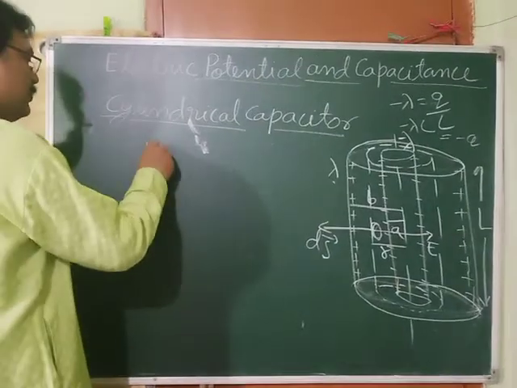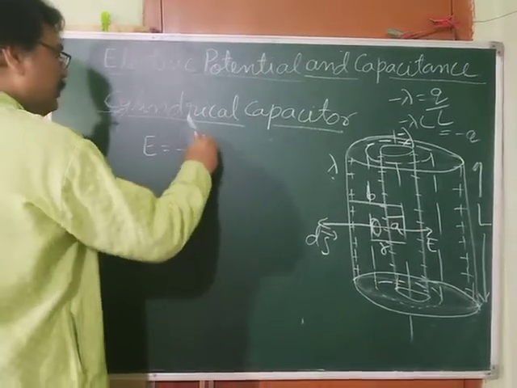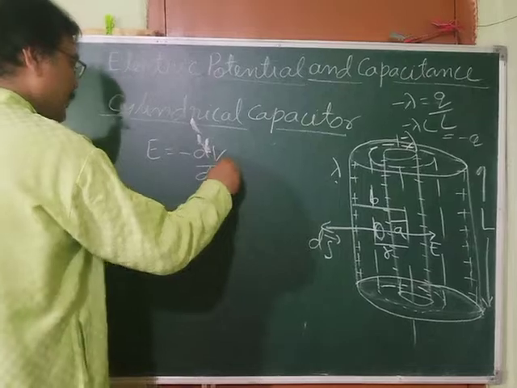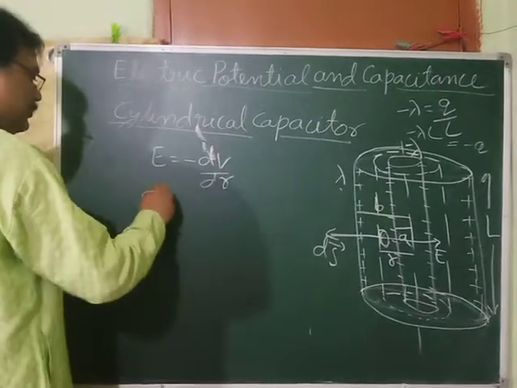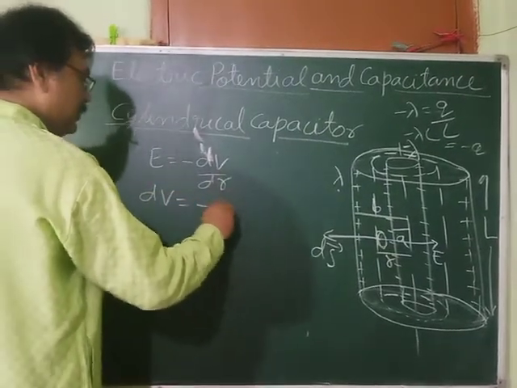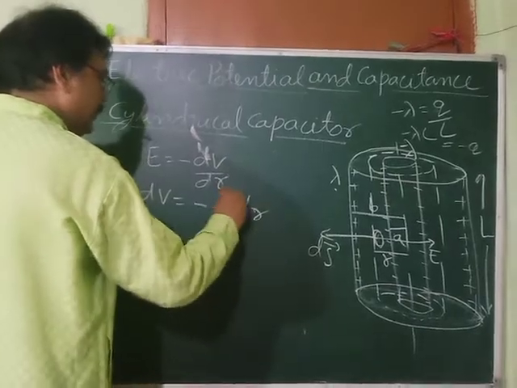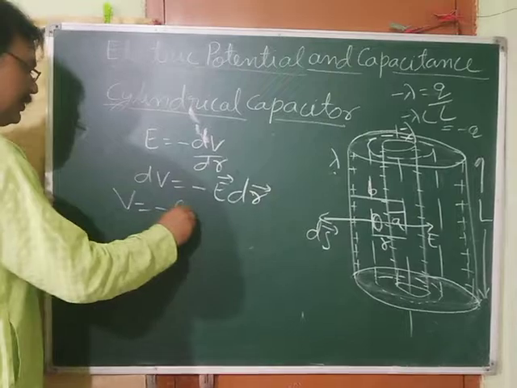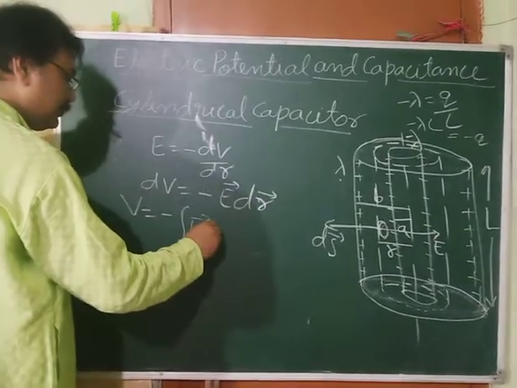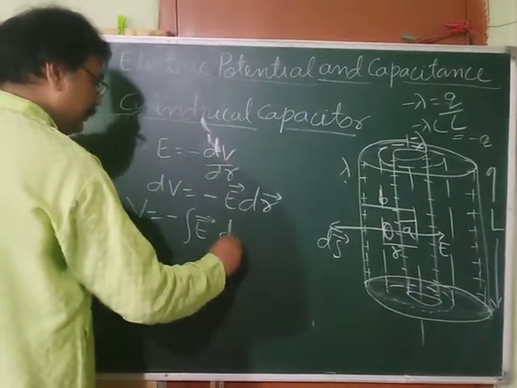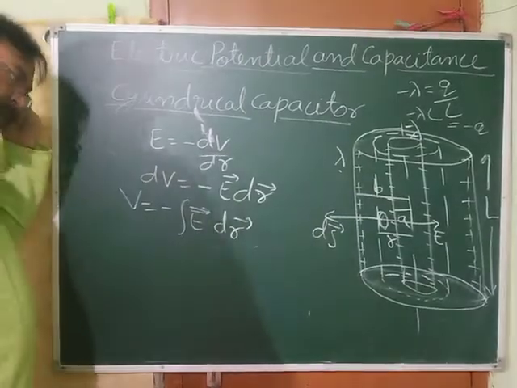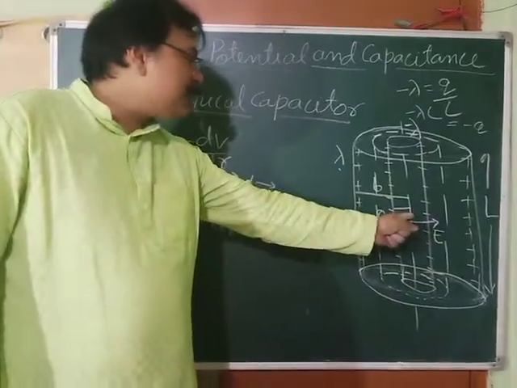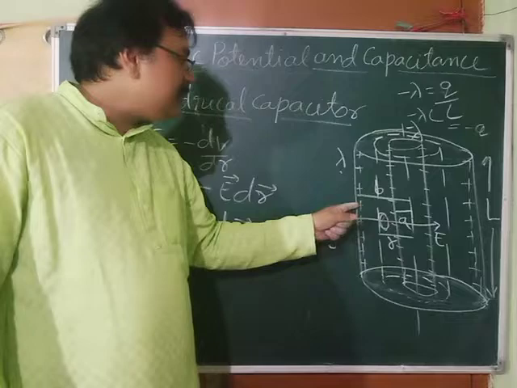We know that E is equal to minus dV by dr. Again we can write dV is equal to minus E dr, rather E dot dr. So V is equal to integration of minus E dot dr. Now see, radius is always from center towards outward and electric field here is inward.